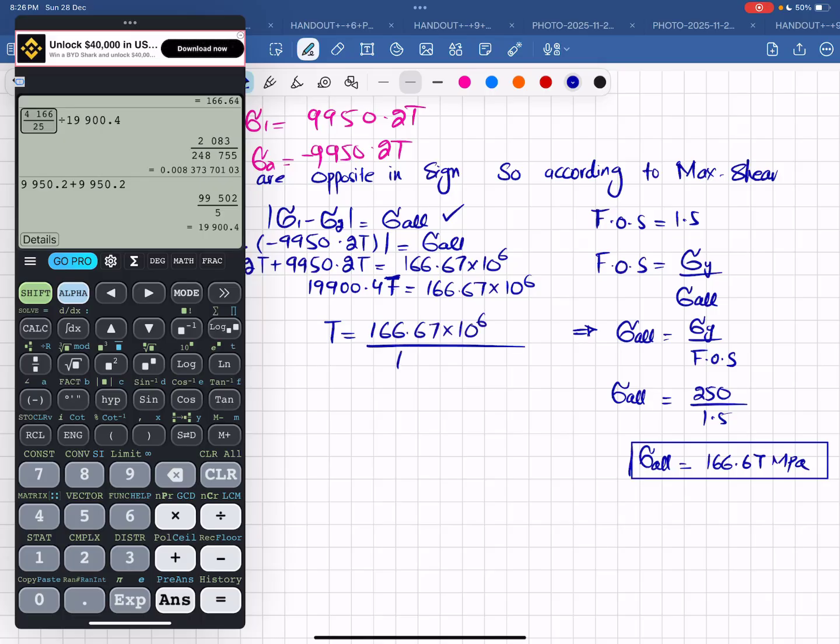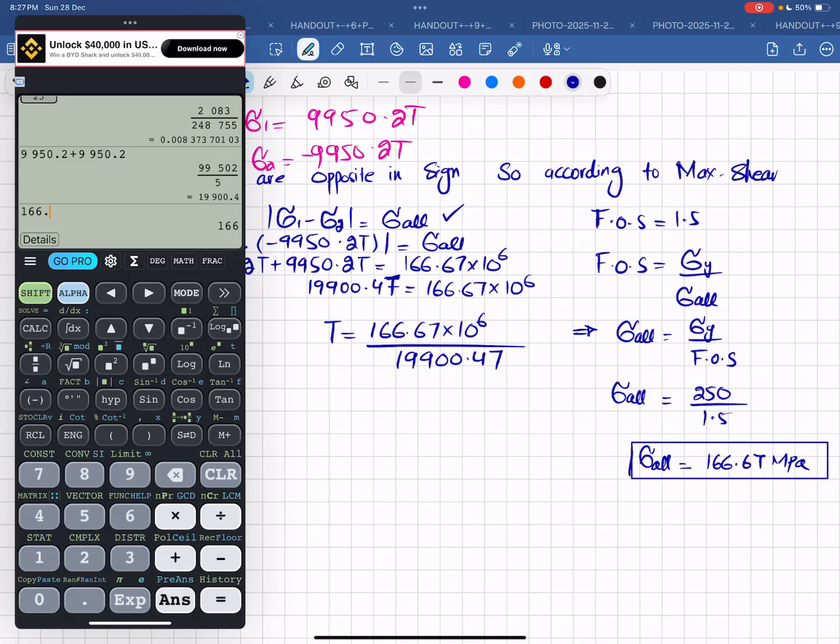From here, t is equal to 166.67 times 10 to the power 6 divided by 19900.4.